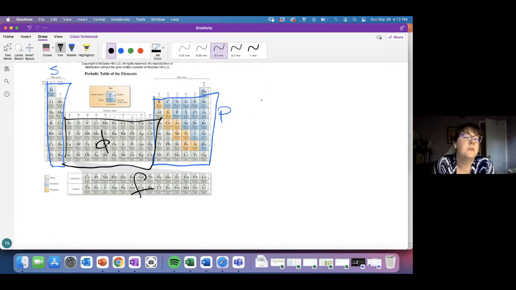If you'll remember, those all relate to values of L, and these also all represent different subshells.